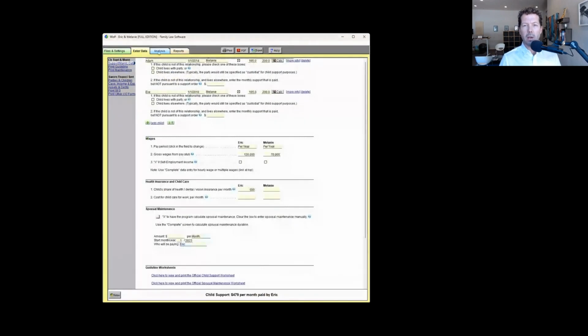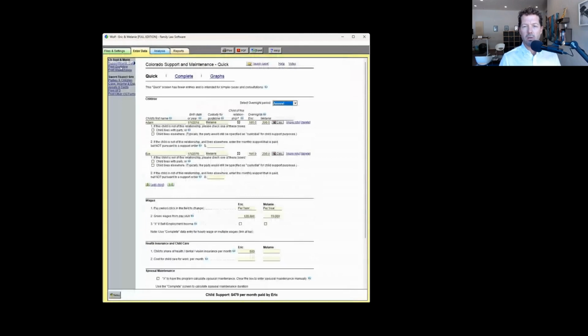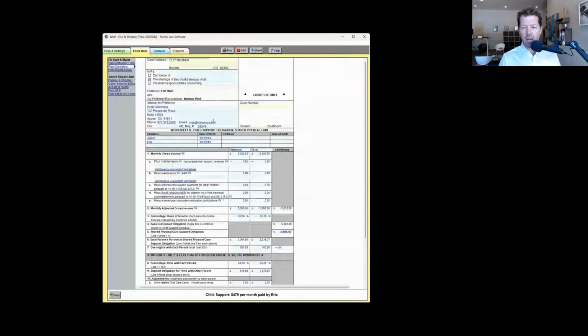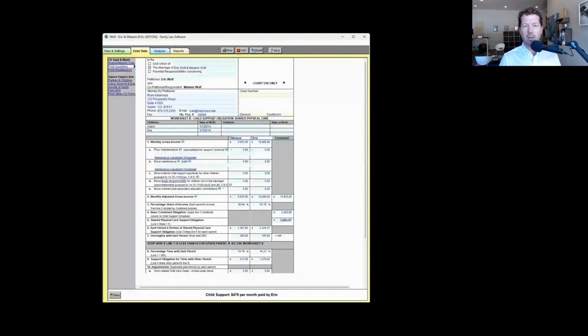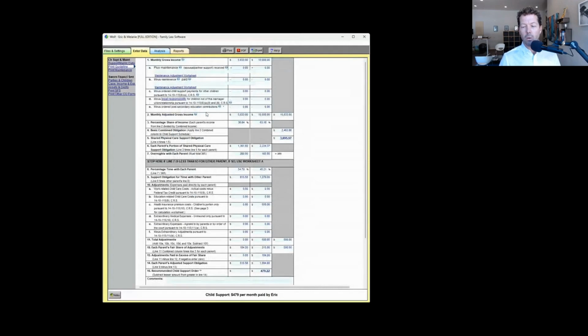If we remove spousal maintenance, so that $375 is removed, and we keep again the 200 overnights for Melanie, we then increase from $347 of child support to $479 of child support.